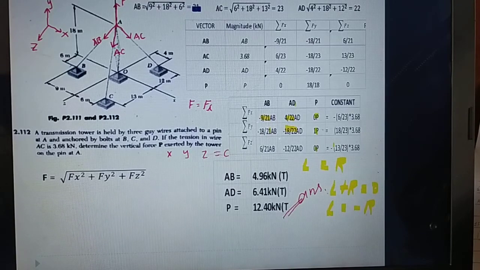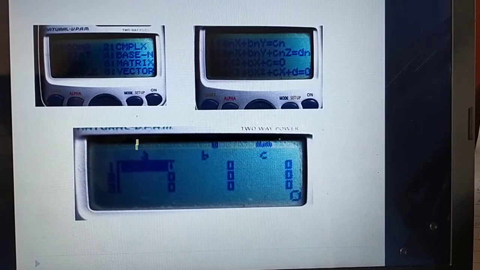Okay, so in your scientific calculator, you can see this format. So you press alpha, and then the mode, and then you can find the display.